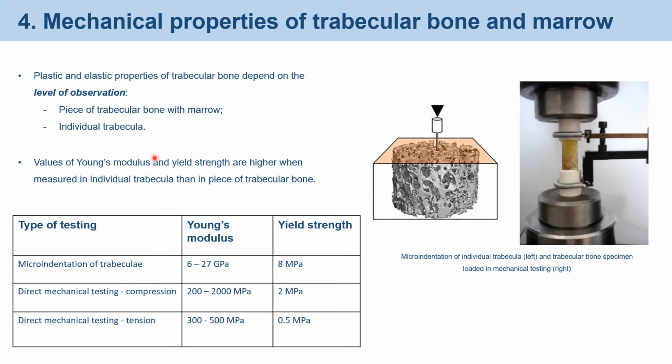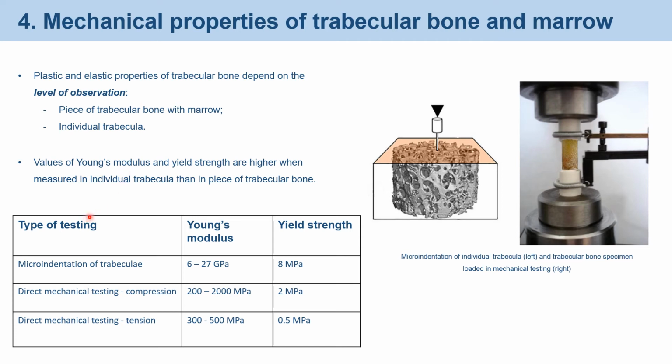Or it may be an individual trabecula, where we can measure mechanical properties by such a technique as microindentation, as shown in this image. And values of Young's modulus and yield strengths are usually higher when measured in an individual trabecula than when they are measured in a piece of trabecular bone.